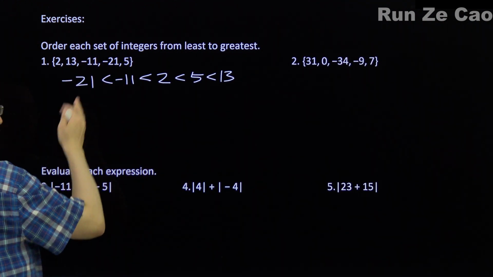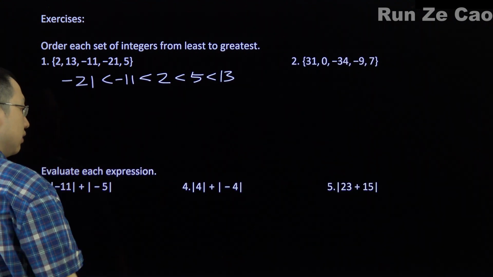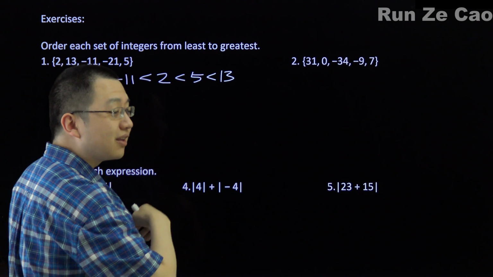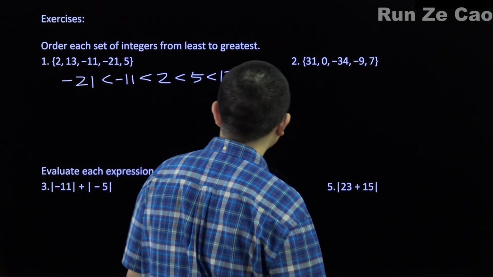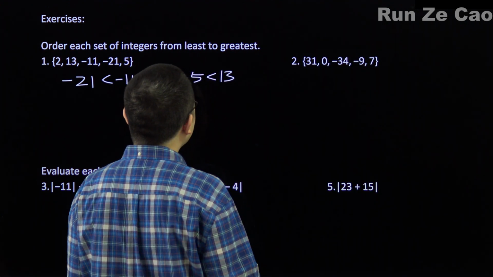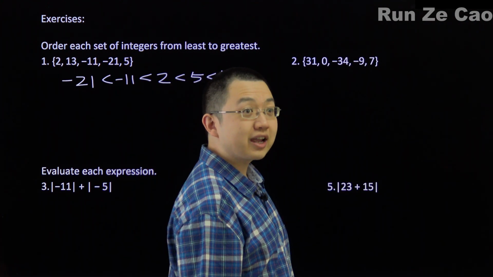Least to greatest means most negative to least negative, or most negative to most positive, or least positive to most positive. Or any combination thereof, actually, because the most positive number is the least negative number.